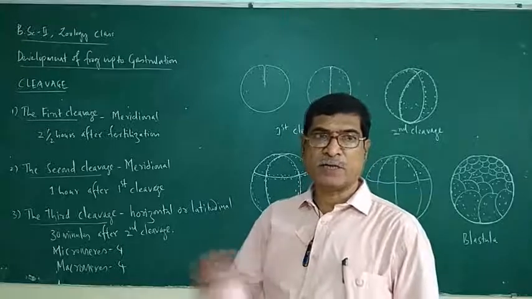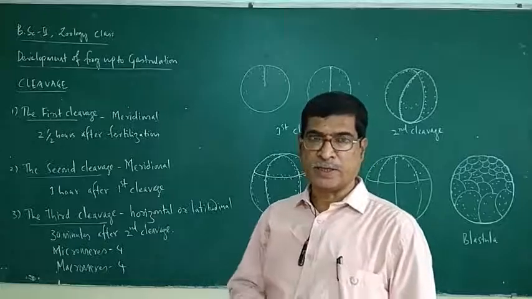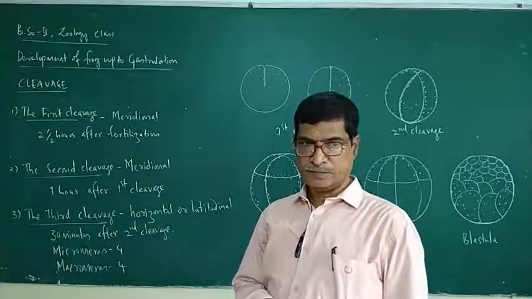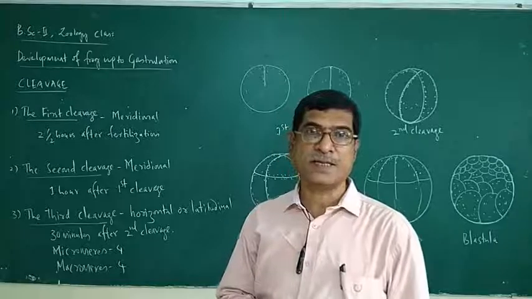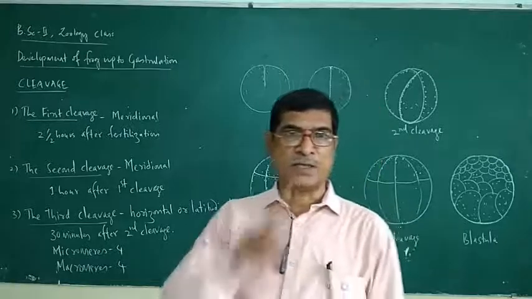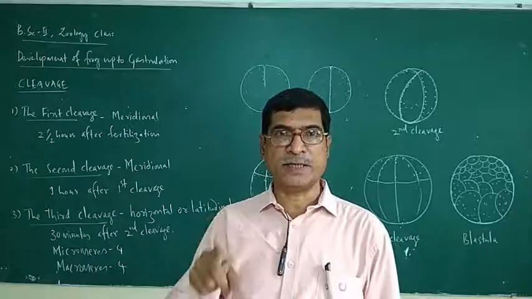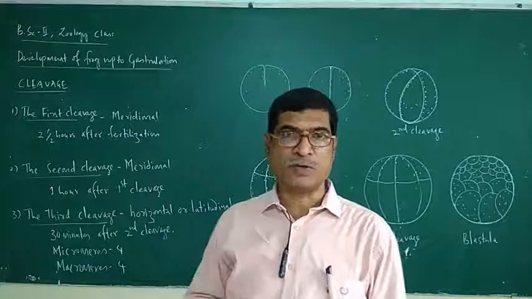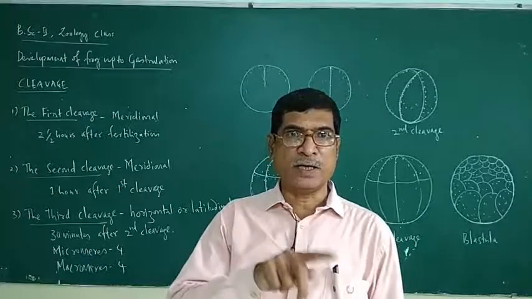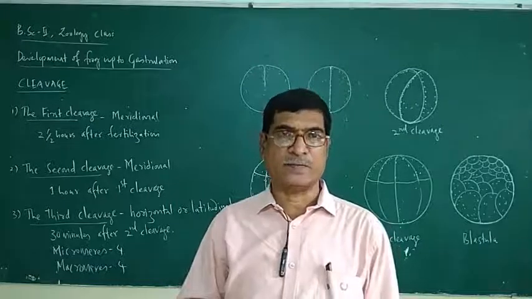So the difference between cleavage division and mitotic division is, in mitotic division, the cell cycle has G1 phase, S phase, G2 phase and M phase. Here in cleavage, G1 and G2 phases are not there.